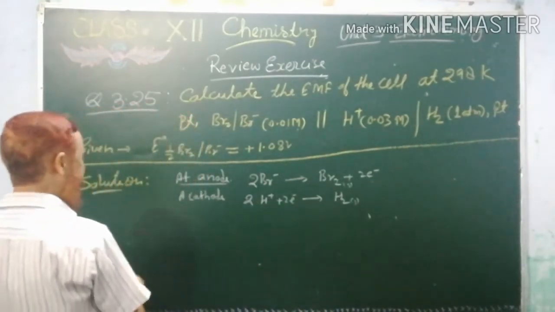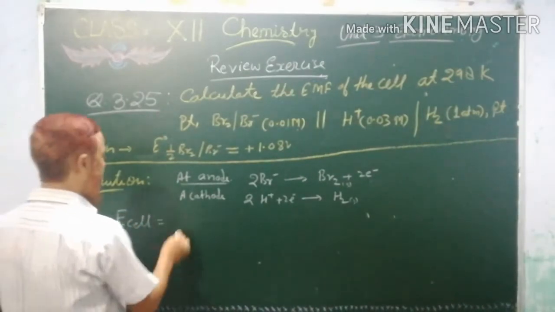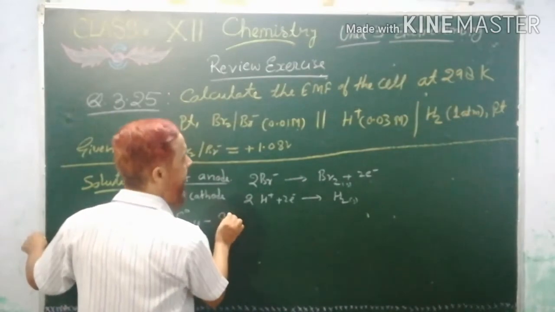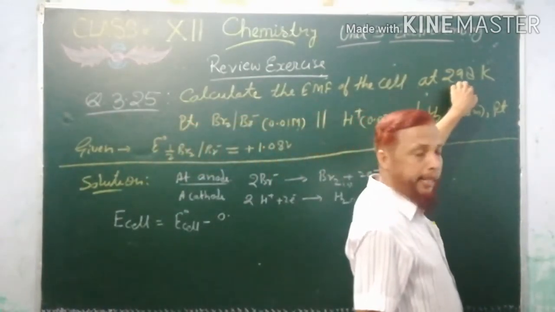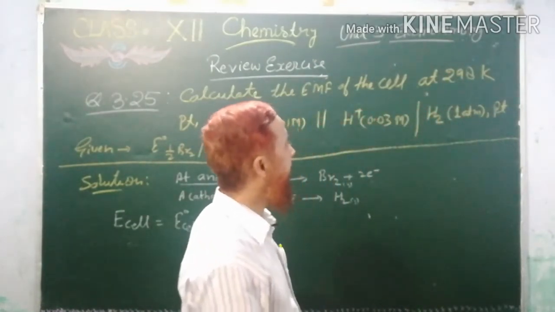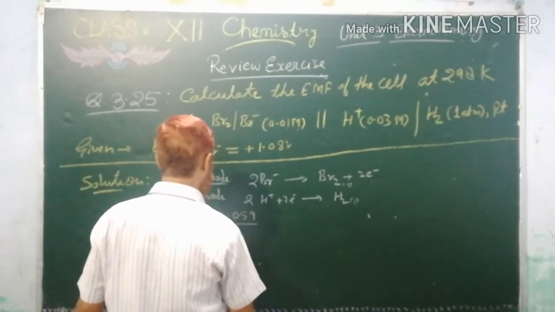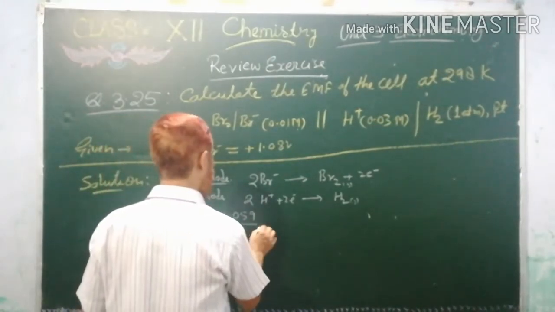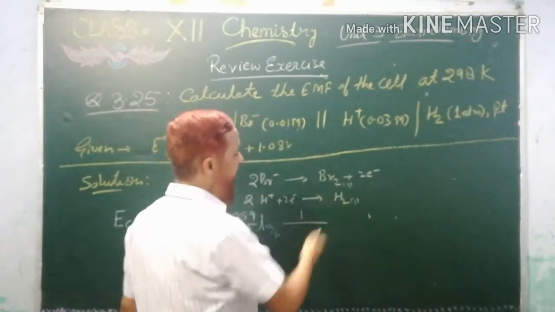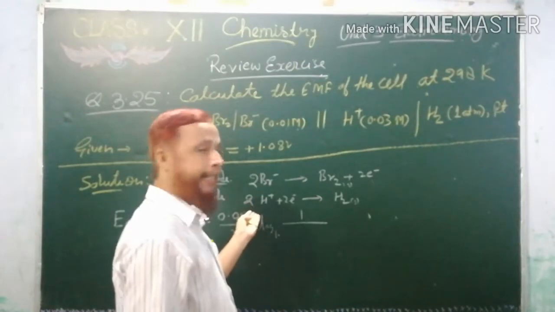For this type of cell, the Nernst equation will be: EMF of the cell, E cell, equals E naught cell minus, since the temperature is mentioned as 298 Kelvin and pressure is 1 atm, it is giving the standard condition, so it becomes 0.059 upon n log base 10 of 1 upon, you see here, products are gases, no ions are on the product side, ions are given in the reactant side.